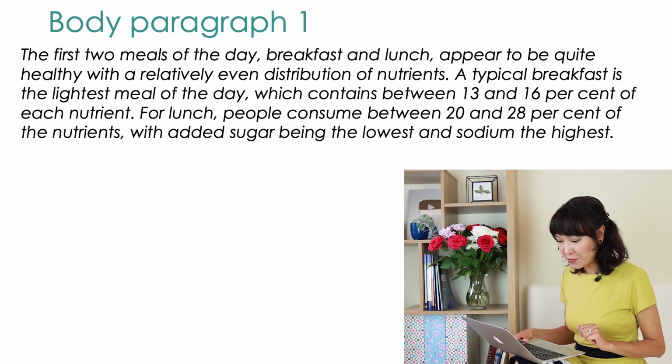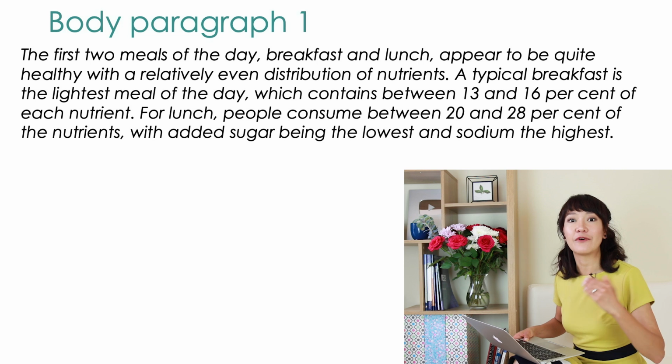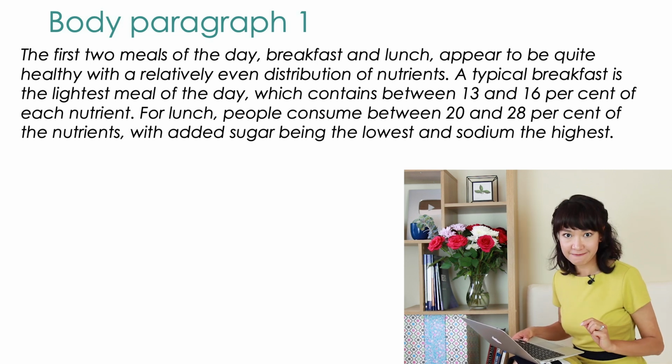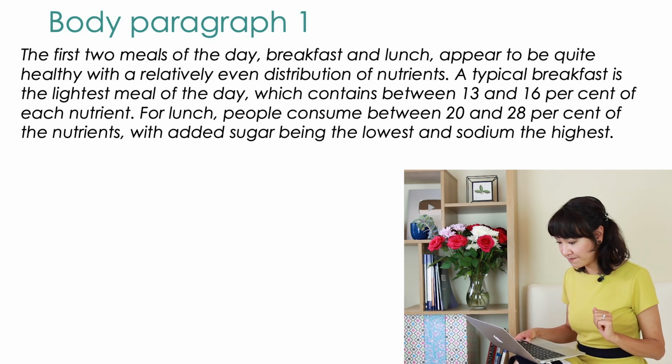The first 2 meals of the day, breakfast and lunch, appear to be quite healthy with a relatively even distribution of nutrients. That's my topic sentence, and I've already told what I've learned about those 2 meals. Now I'm going to go into more detail.